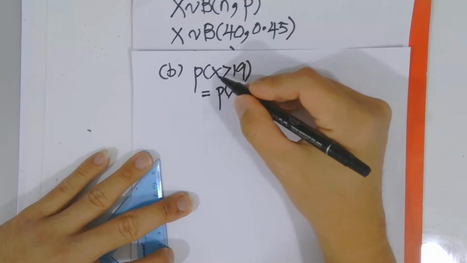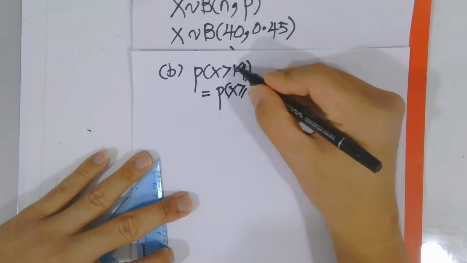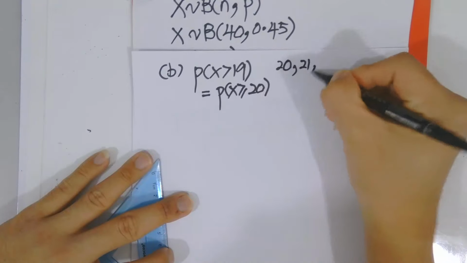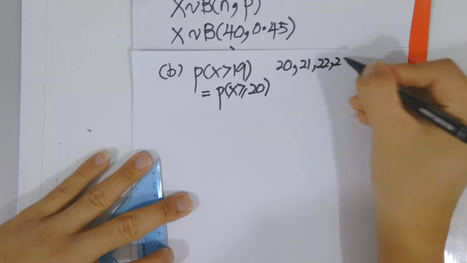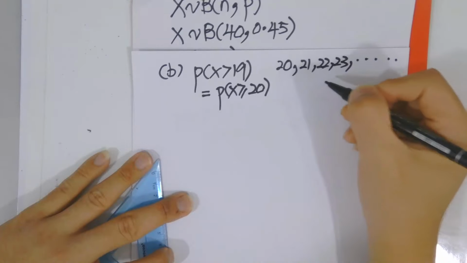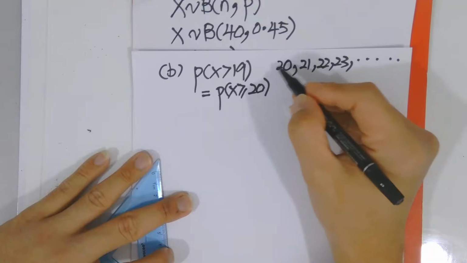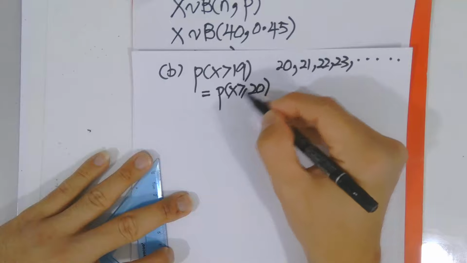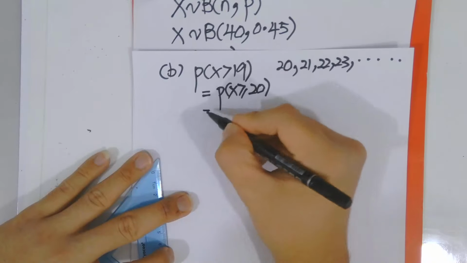In this case it is a countable value, a discrete random variable. So more than 19 means 20, 21, 22, 23, and so on. It starts from 20. That's why I write it as at least 20. Greater than 19 is at least 20.